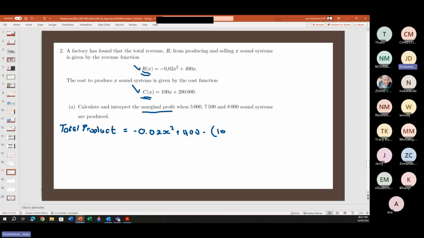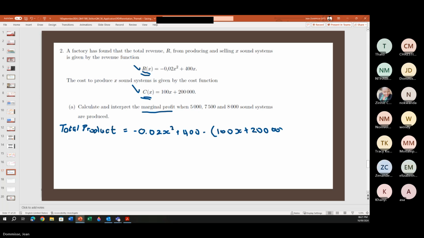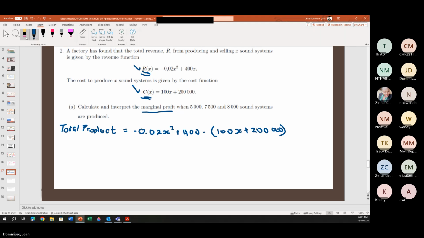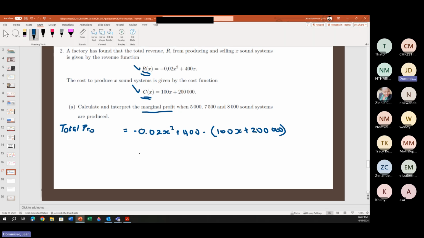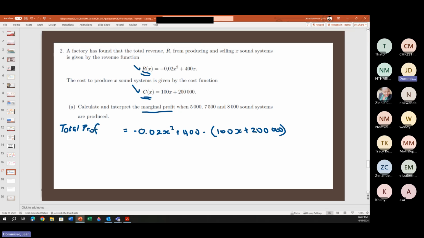And remember that minus, because it might influence our formula. Sorry, I said total product, but it is total profit.